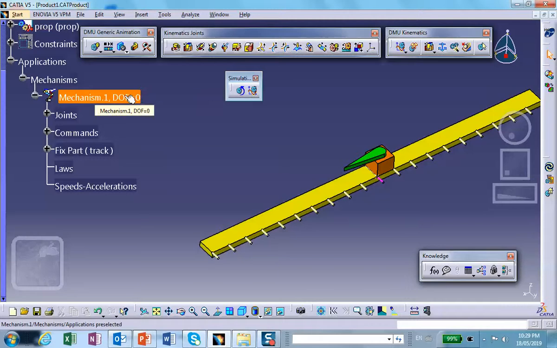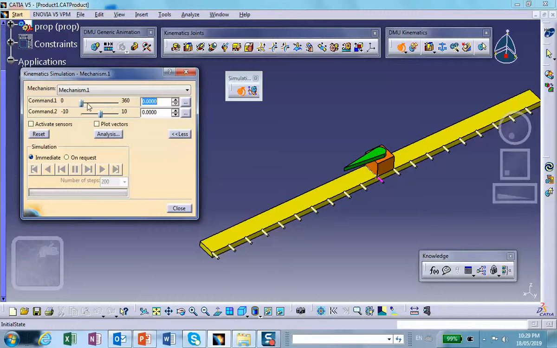When I made it angle driven and length driven, the degree of freedom dropped by 1 each time, so it went from 2 to 0. This is why I have two sliding bars here. This one gives you the 360-degree motion of the propeller, and this one gives you the 10-inch motion of the block. So let me reset it and leave it there.